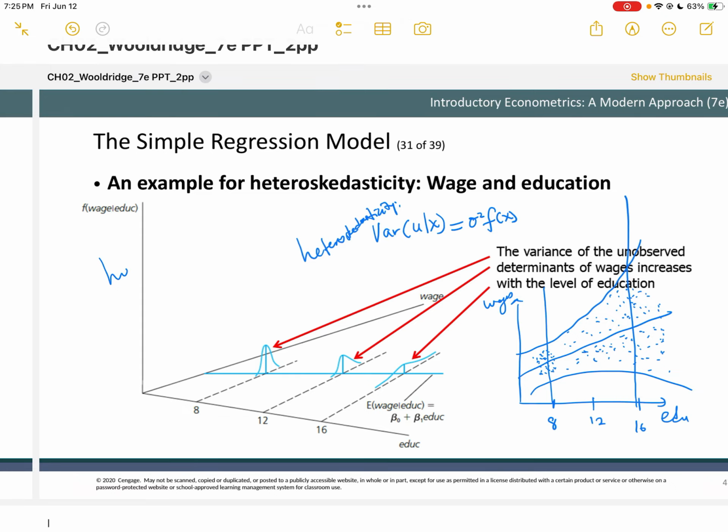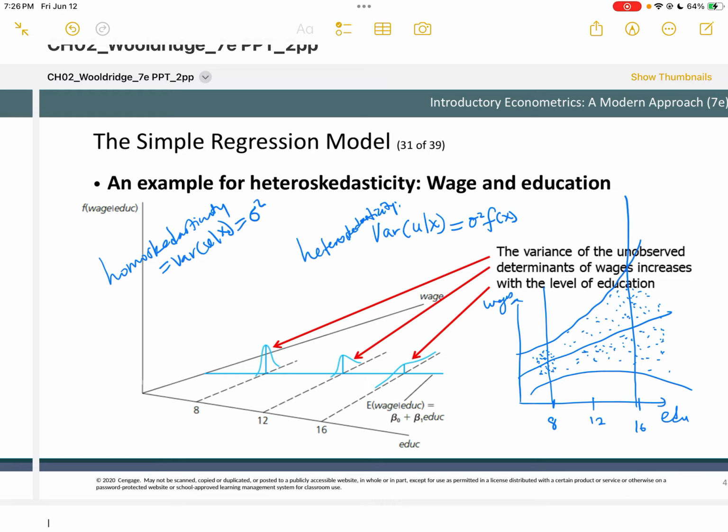Homoskedasticity, on the other hand, is where the variance of U conditional on X is just some constant value. Heteroskedasticity says that the variance of U conditional on X is the constant value times some function of X, meaning variation will change as education changes.